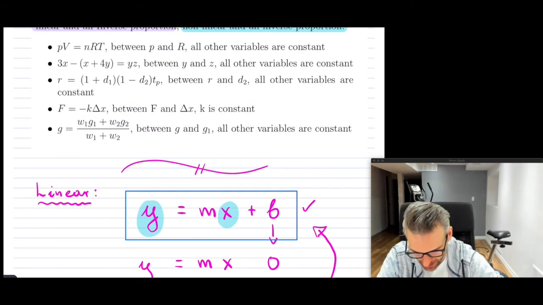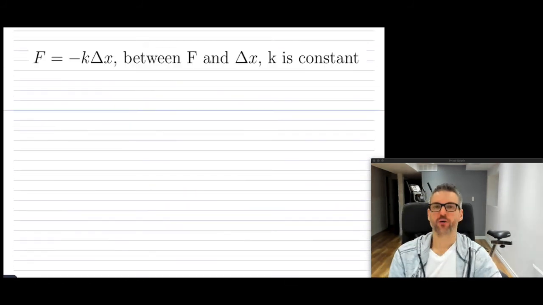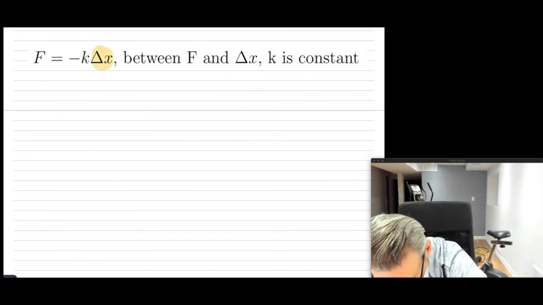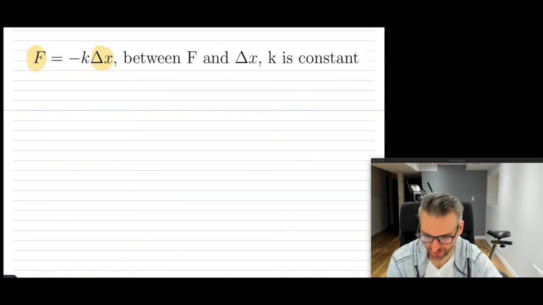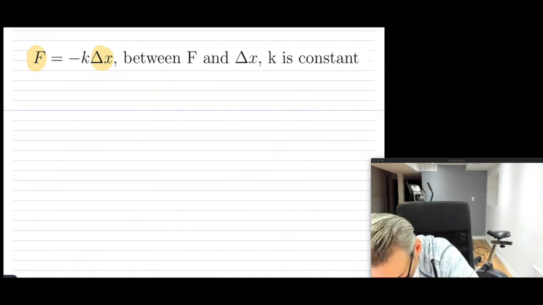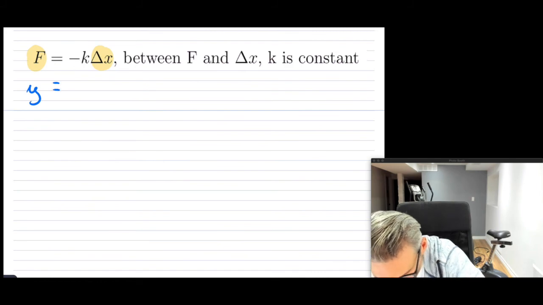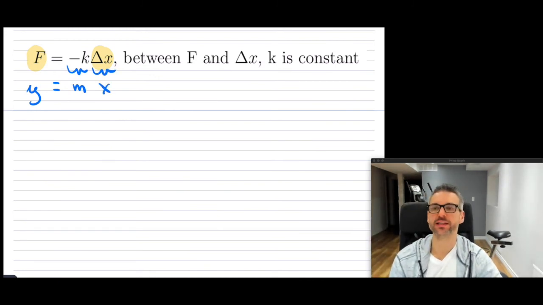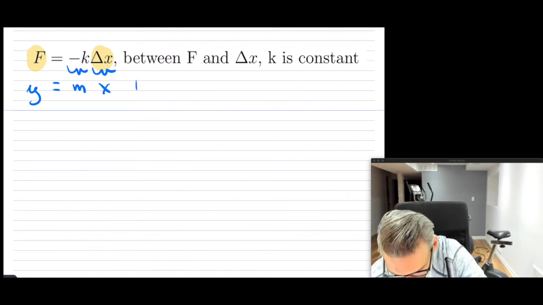So I'm going to copy this. For this one, we want to see the relationship between f and delta x. So here's delta x, this is f. You can kind of see this is your y, this is kind of like your slope, m, and this would have been like your x. Notice there is really no intercept, so there is no plus b anywhere here, so that is 0.